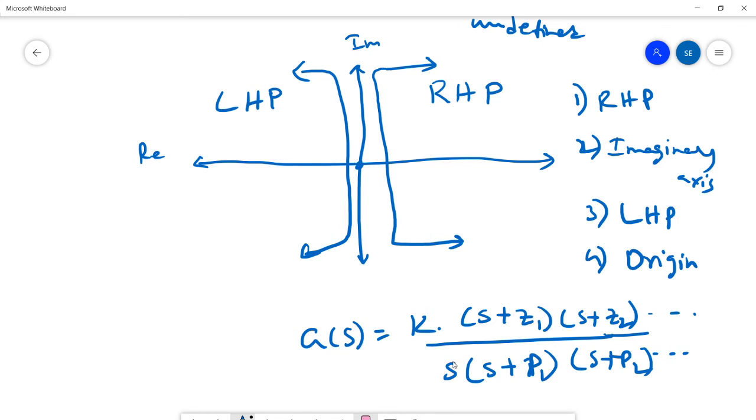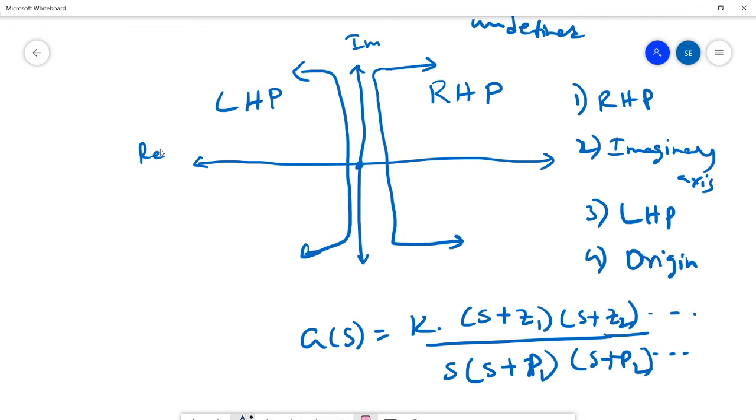In the previous class we discussed the type of system. The order of S determines the type: if you have S power 1, that is a type 1 system; if it is 0, type 0. So this is the pole position.